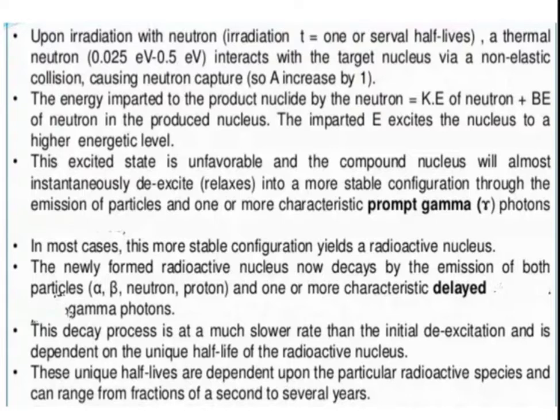Then this excited state is unfavorable and the compound nucleus will almost instantaneously de-excite to the ground state, or there is a relaxation into a more stable configuration through the emission of particles and one or more characteristic prompt gamma photons.